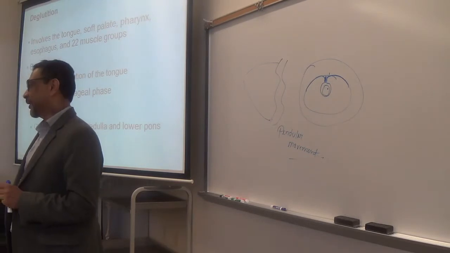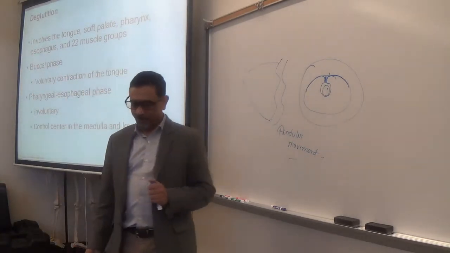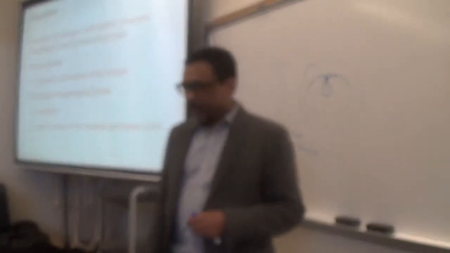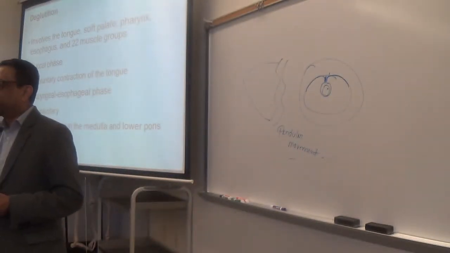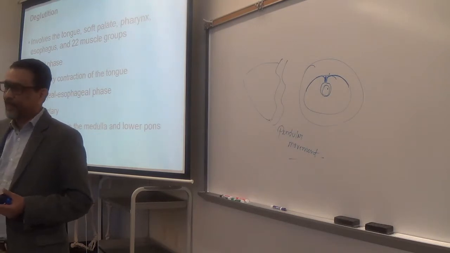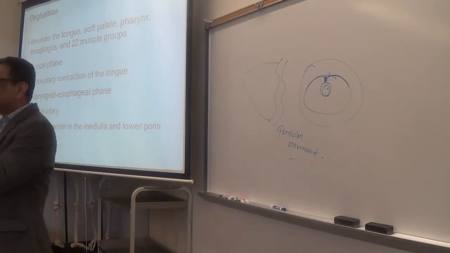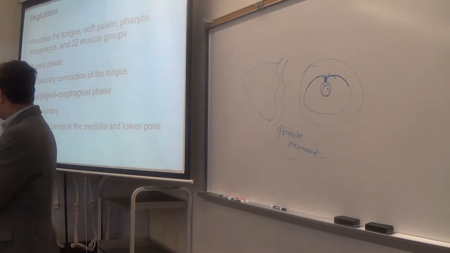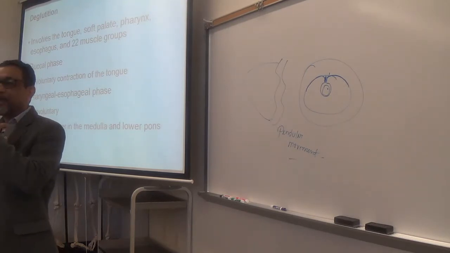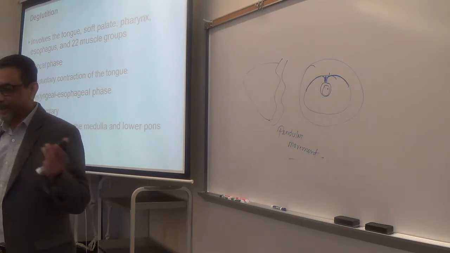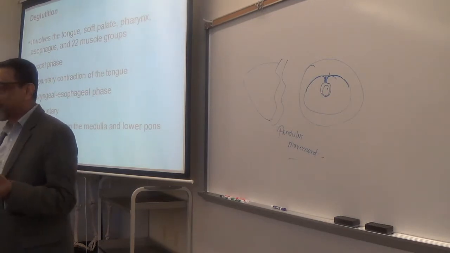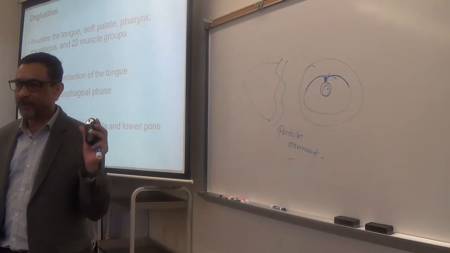The pharyngoesophageal phase is involuntary. Now, you know what happens after you put the food inside the mouth, right? Inside the mouth, you make the food bolus, then do what? Swallowing, right? And the first part, which is the buccal phase, is voluntary, because if you decide that I will not swallow, you can do that, right? If you decide that now I will swallow the food, you can control it voluntarily.